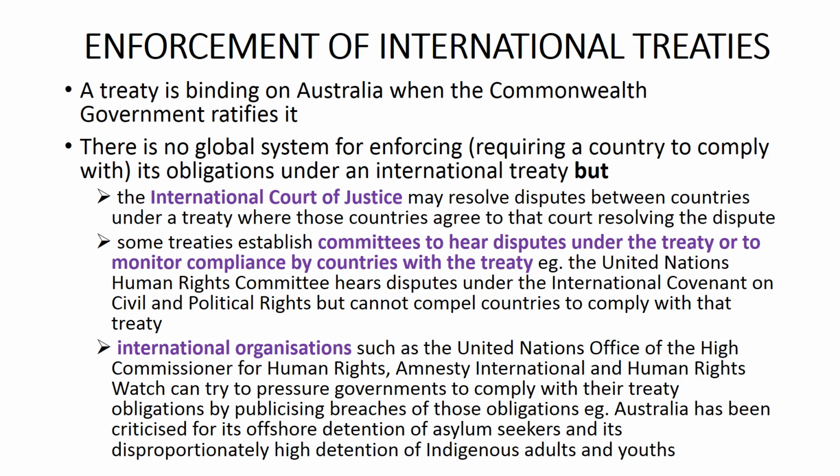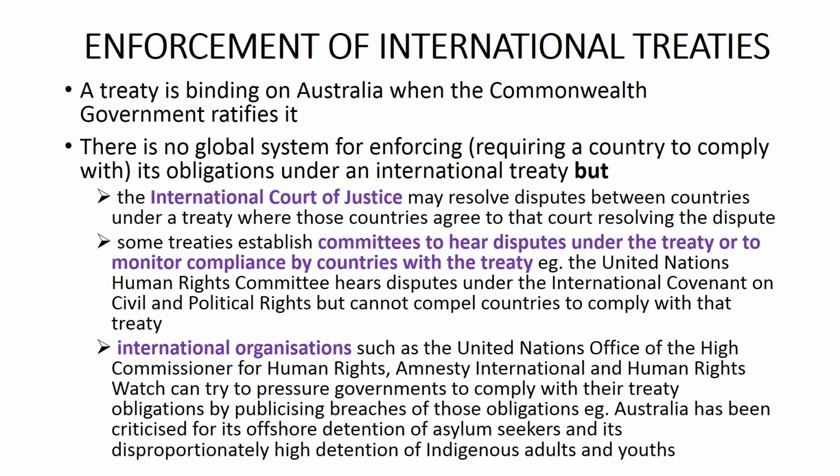The purpose of that publicity is, of course, to try to pressure or shame countries into complying with their treaty obligations. In this regard, Australia has been criticised by both the United Nations Office of the Commissioner for Human Rights and by Amnesty International for its offshore detention arrangements for asylum seekers, and also for the fact that there's a disproportionately high number of Indigenous adults and youths in Australian jails.